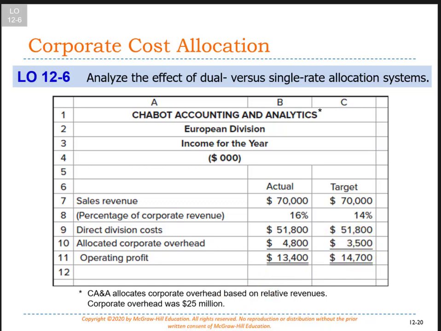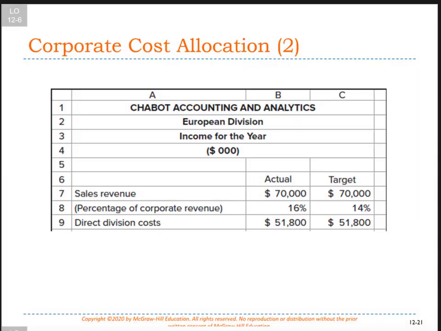Something like that might make sense. Otherwise, it seems very arbitrary and not very helpful in evaluating the European division. So you might look at just this piece.